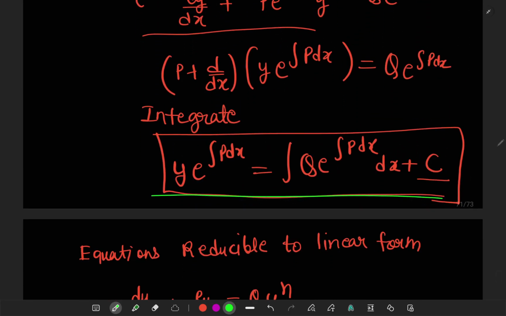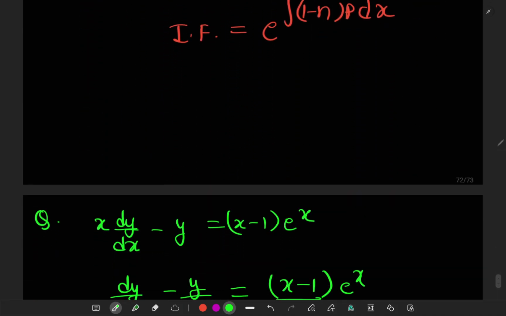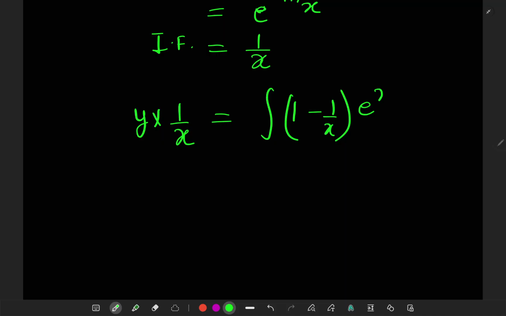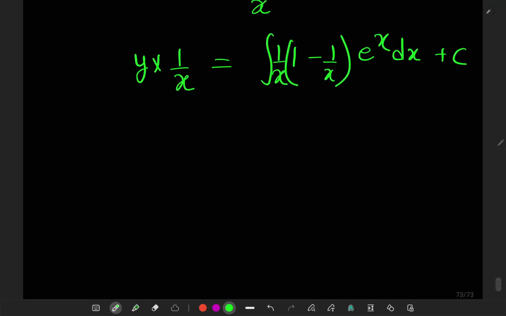y into integrating factor is equal to integral of q into integrating factor dx plus c. Now y into integrating factor 1 by x equals the integration of 1 minus 1 by x into x, or integrating factor 1 by x dx plus c. Now multiply e raised to power x.